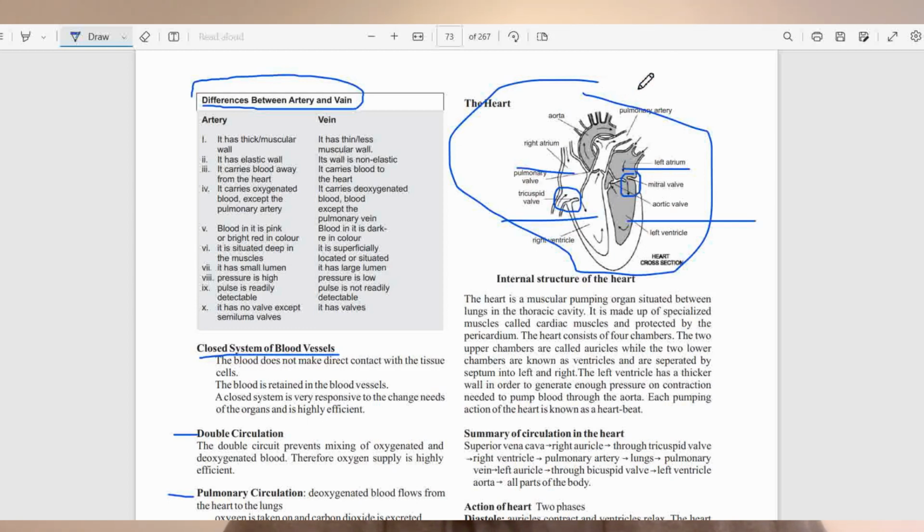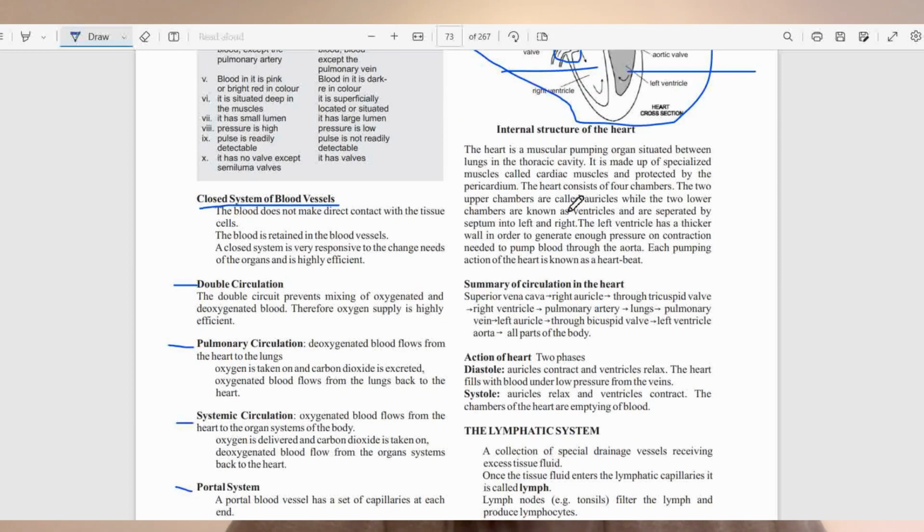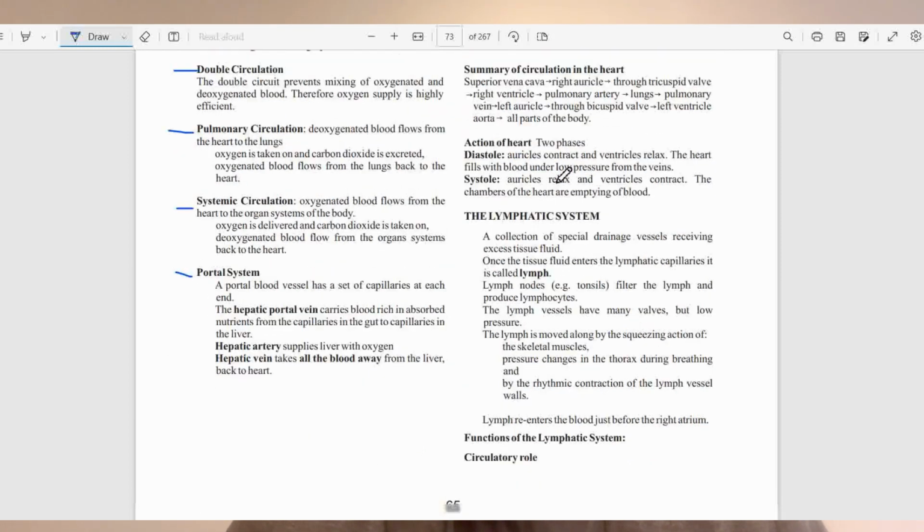And then that same blood is brought back into the left auricle and then to the left ventricle, and then goes to the entire body through the aorta in what you call the systemic circulation. All right, so familiarize yourself with this diagram. We'll consider more questions under that.